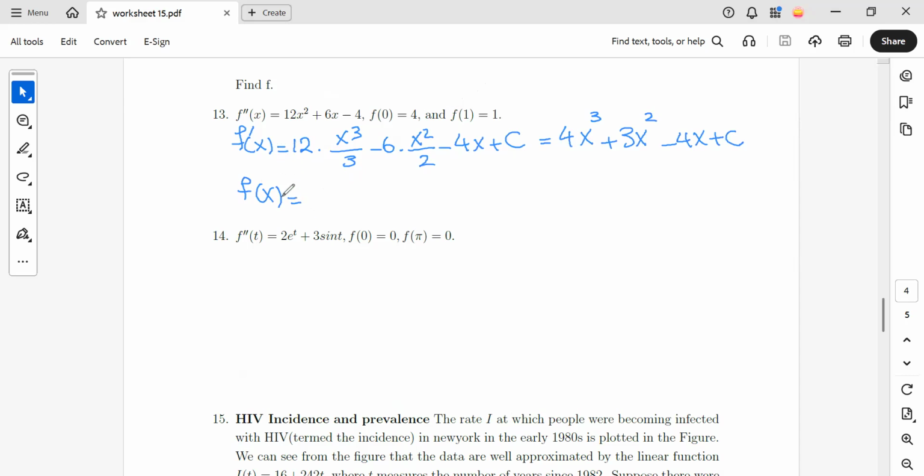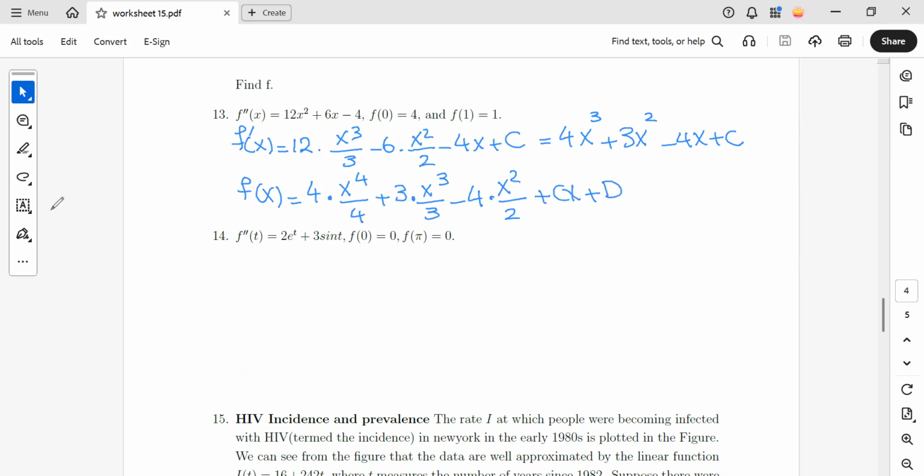So taking another antiderivative from f prime gives us f of x, which is the coefficient times x to the fourth over 4 plus coefficient times x to the power 3 over 3 minus 4 times x squared over 2 plus cx plus another constant like d.